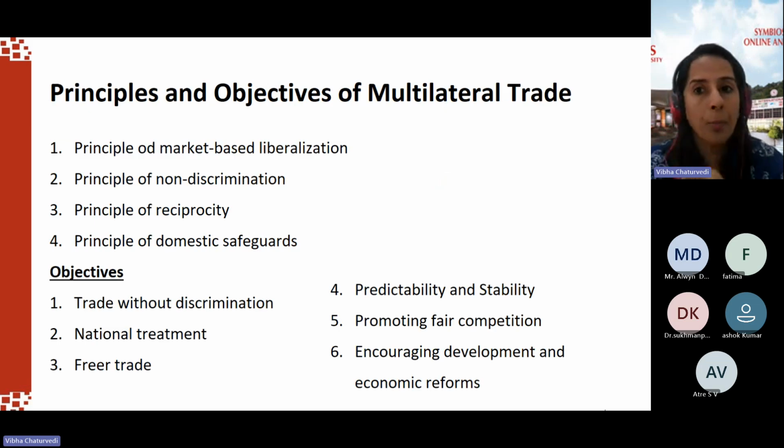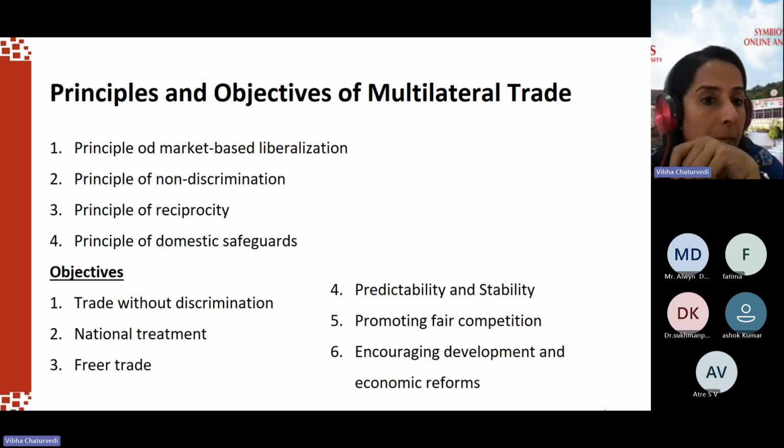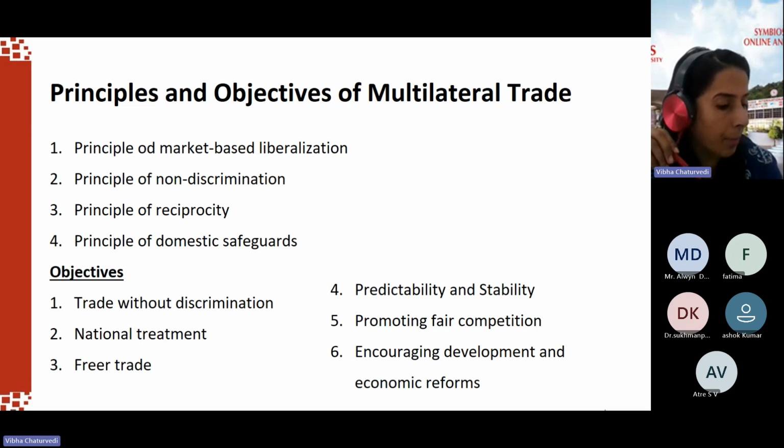Okay. Now, principles and objectives of a multilateral trading system. The first principle is that it is based on the principle of market-based liberalization. That is the fundamental principle, and it is meant for a liberal trading system.